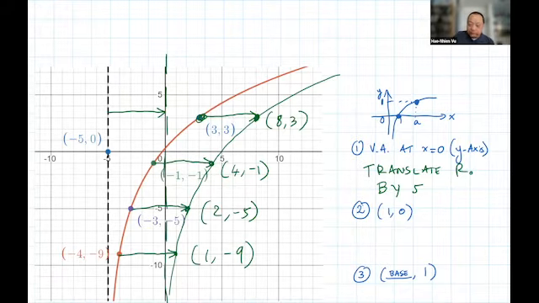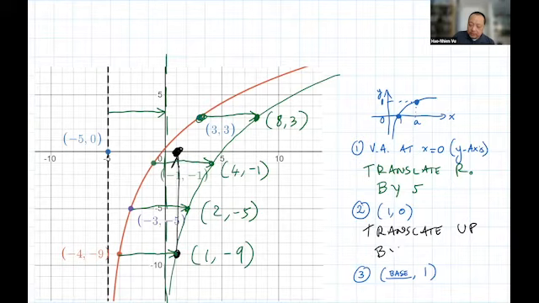Now I want to have the point 1, 0. I want that point 1, 0 right there. Well, right now I have 1, -9. If I want 1, 0, I will need to push the graph up by 9. So I want to translate up by 9.